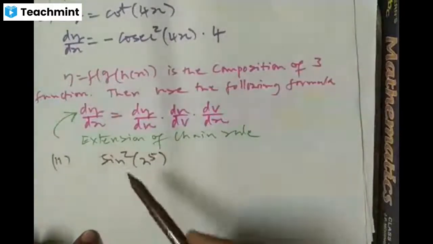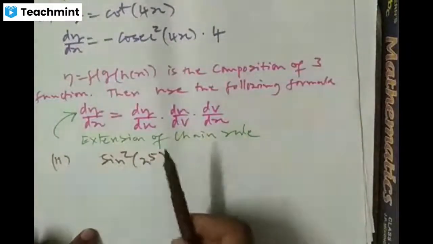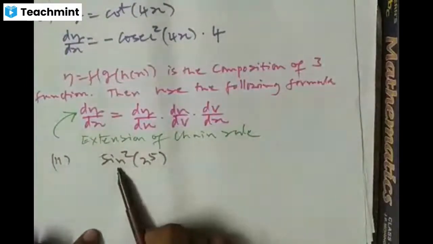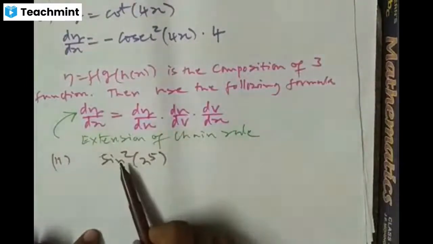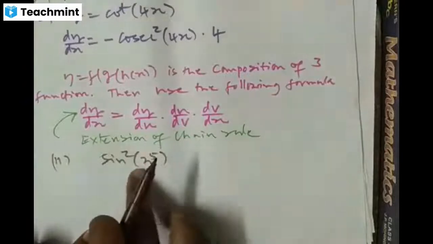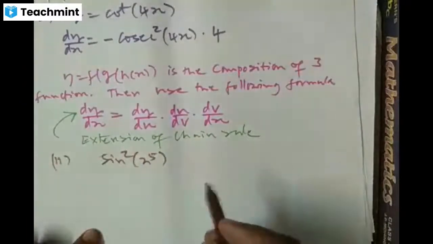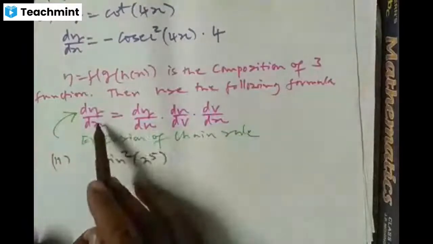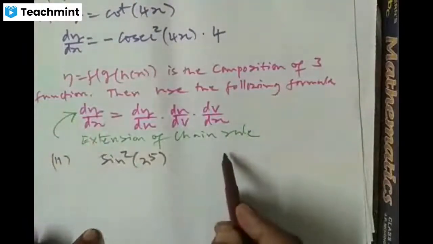See, this function is actually a composition of three functions. One is the polynomial function x power 5. Second one is sin x. Third one is the square of x. So this is a composition of three functions, and to find its derivative, we have to use extension of chain rule.